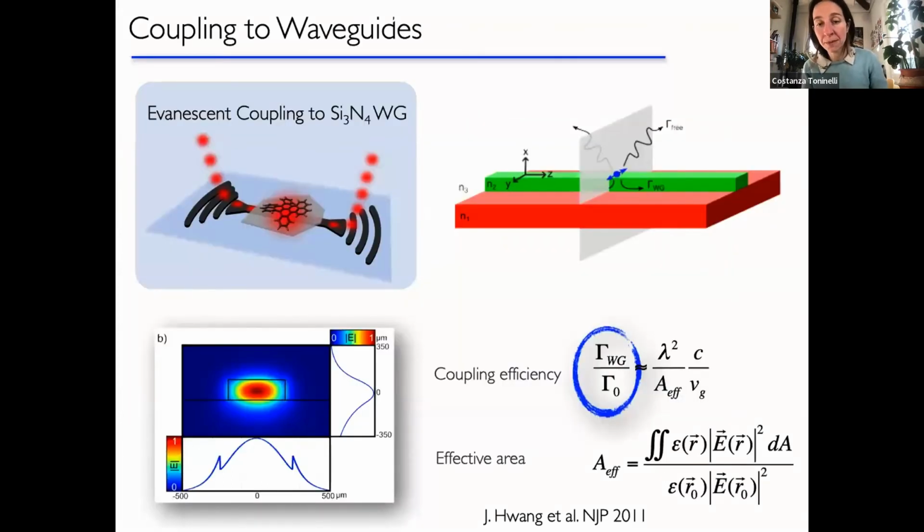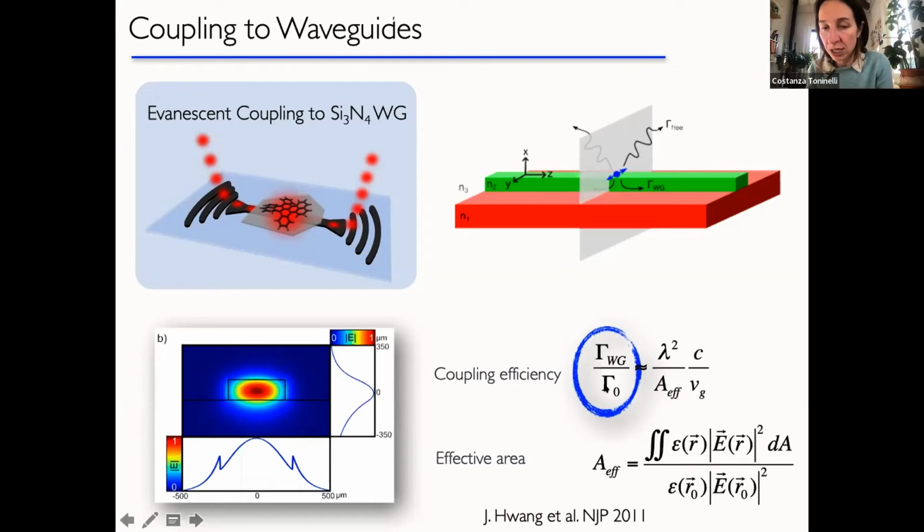The first attempt we did was based on a theoretical paper from 2011 by Jesu Kwang, which suggests the possibility to deposit an emitter in close proximity to a ridge waveguide and exploit the coupling to the evanescent tail of the electromagnetic field leaking out of the waveguide.